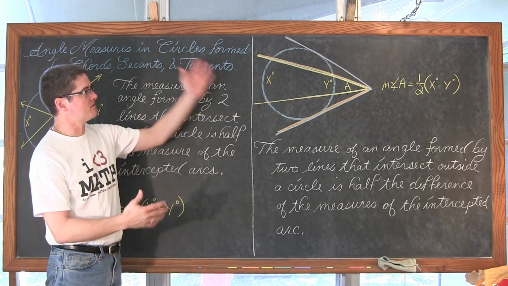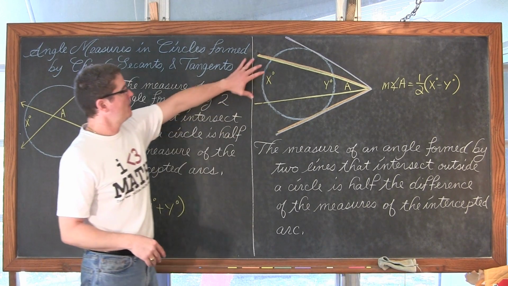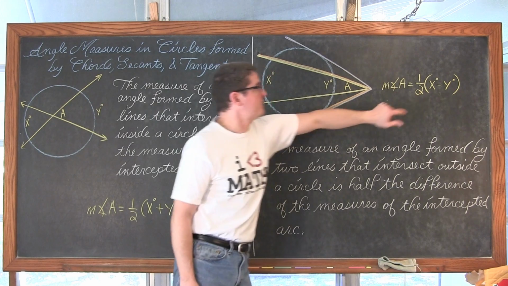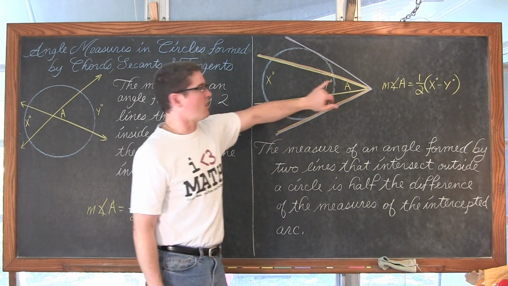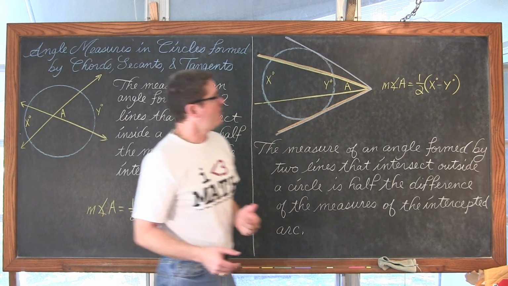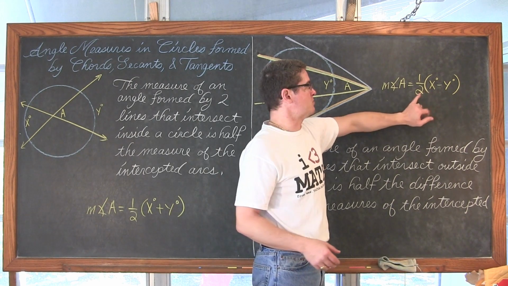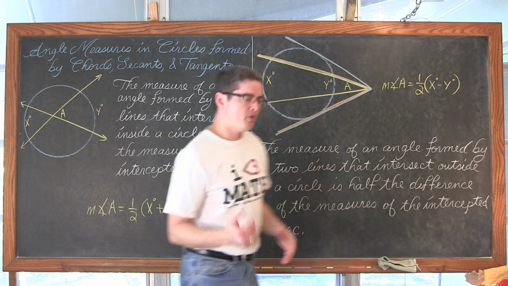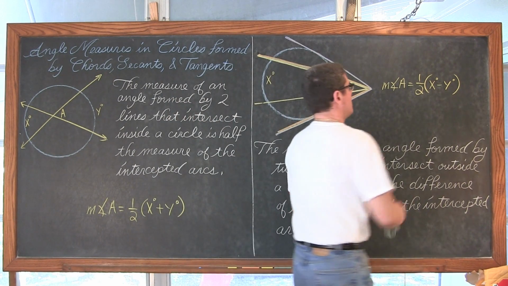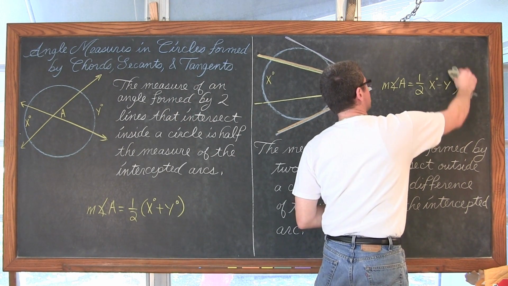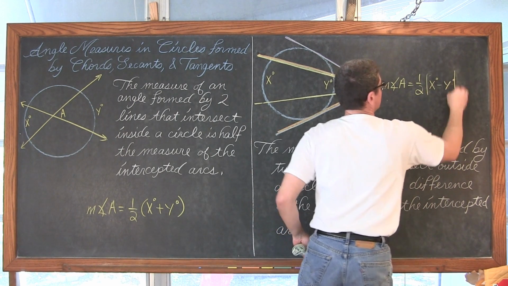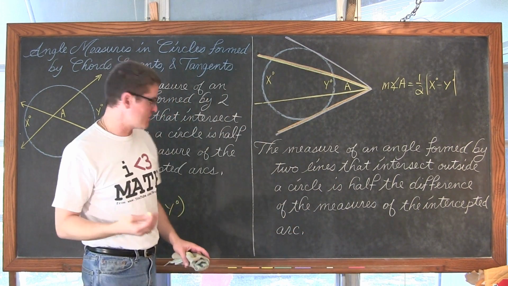If that's the case, and there are three cases up here, the measure of angle A is equal to 1/2, now not the sum of these arcs, but the difference. My textbook shows this with parentheses, 1/2 the difference of arc X minus Y. Your book might have absolute value symbols here, because you can't have a negative measurement.